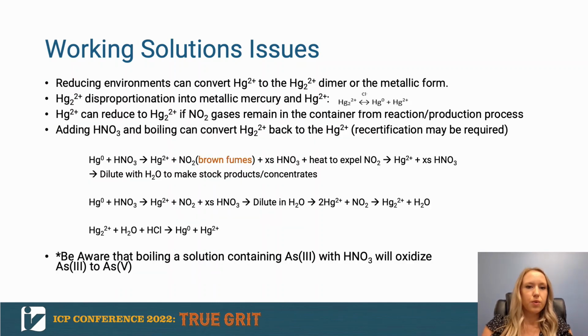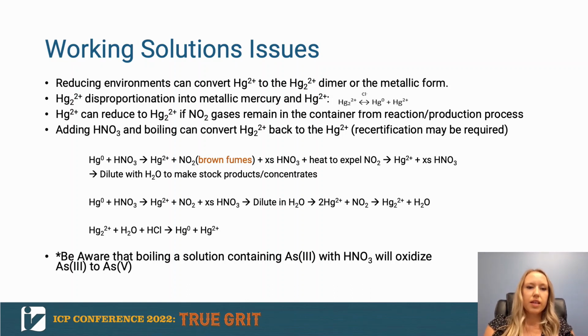We've touched on issues with the mercury dimer a little bit in our previous slides, but I just wanted to go into a little bit more detail on how this can cause issues in your working solutions. Here at IV, we take mercury metal and we react that with nitric acid, which forms the mercury 2+ ions, as well as nitrogen dioxide fumes, which are those brown NOx fumes that you see when the reaction is occurring.